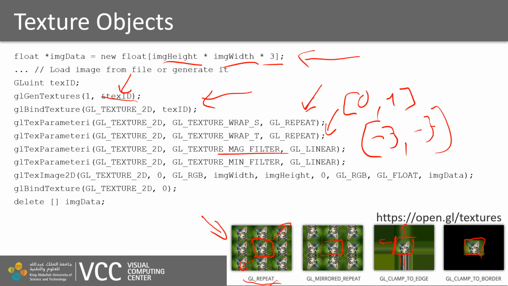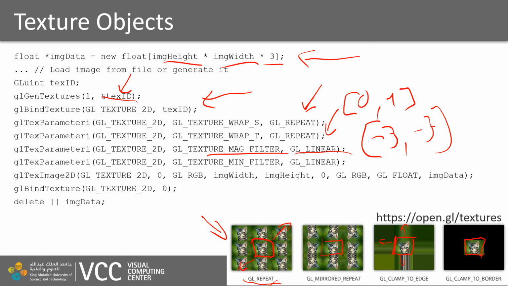and then the next parameter will be whether the magnification filter should be nearest neighbor or linear. So we will want to have a smooth magnification filter. You know it from the lecture on textures, what to do in case of magnifying.